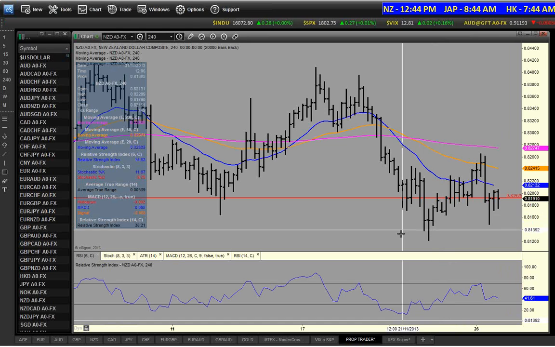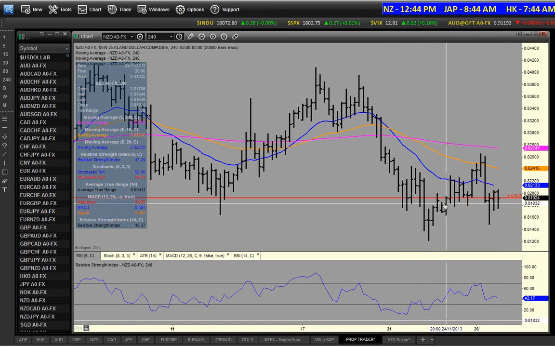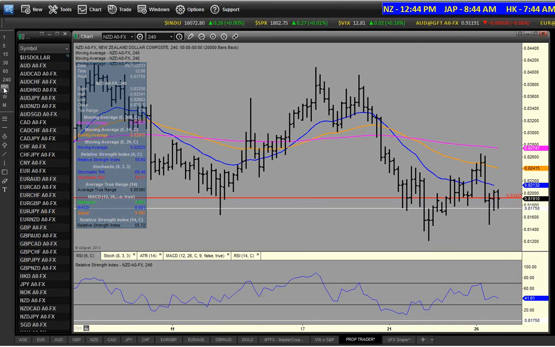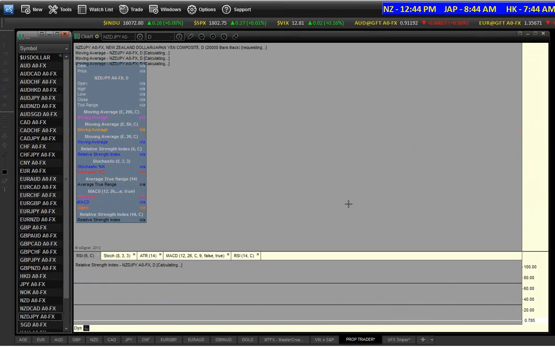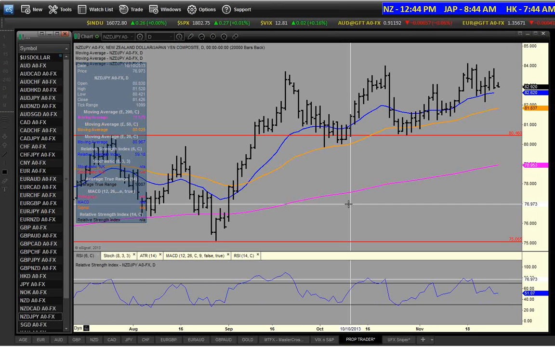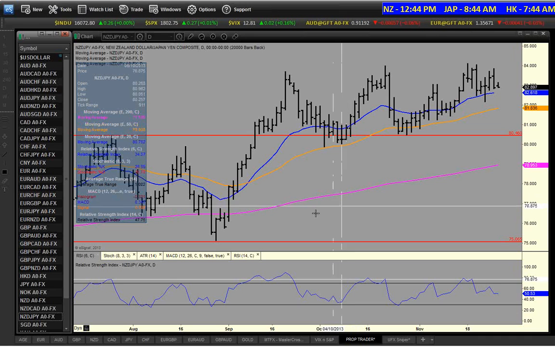I'd rather be short it than long it. Nothing really there yet though. Nothing on the daily and nothing if you want to short it against something like the euro or the pound. Don't trade the CAD against it. That looks just nasty too. Stay away from that.